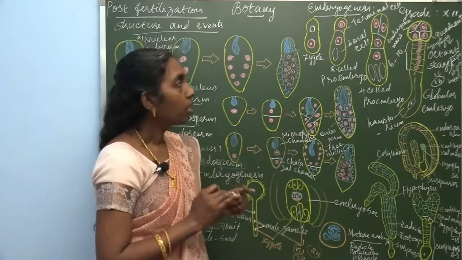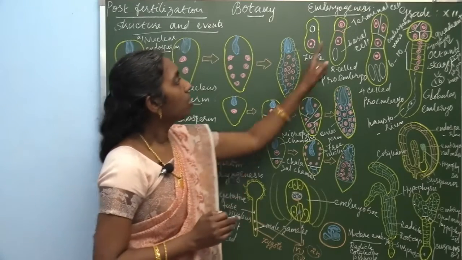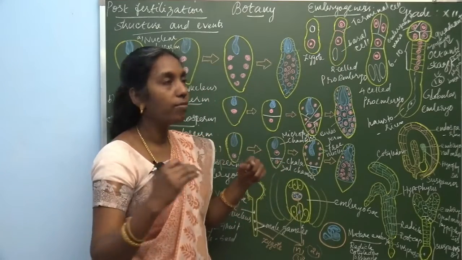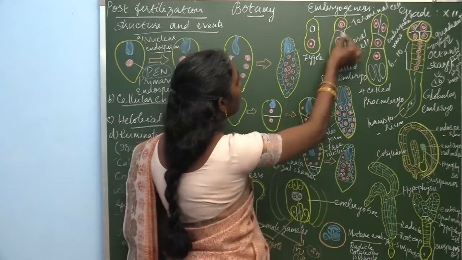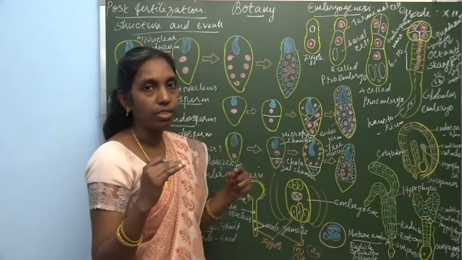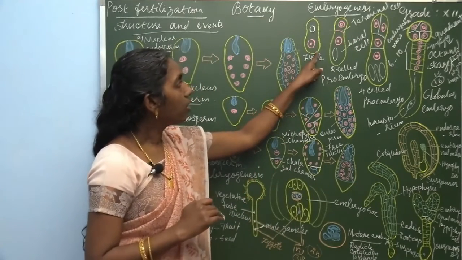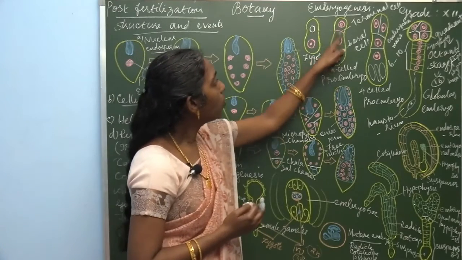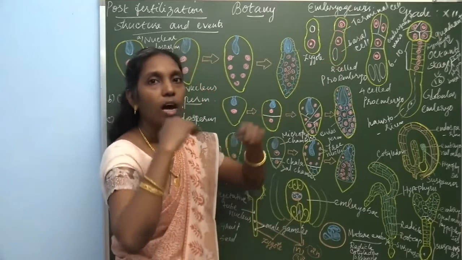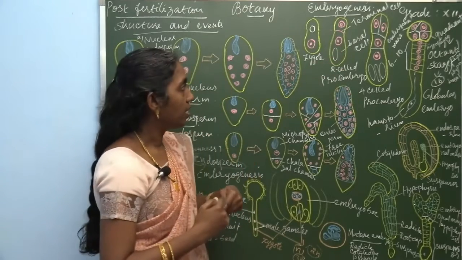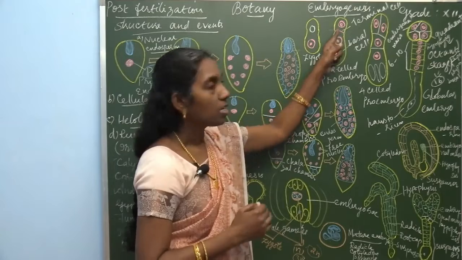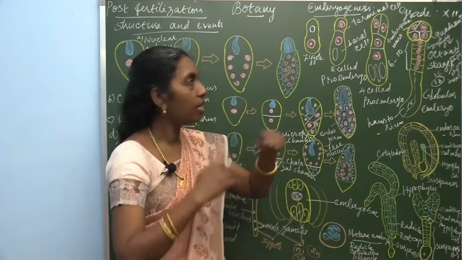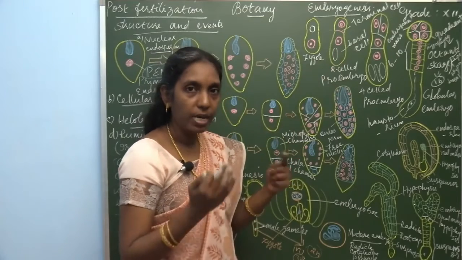The zygote undergoes division, so it divides into two. This is a transverse division. The zygote undergoes transverse division and produces two different cells, the upper or terminal cell and the lower or basal cell.